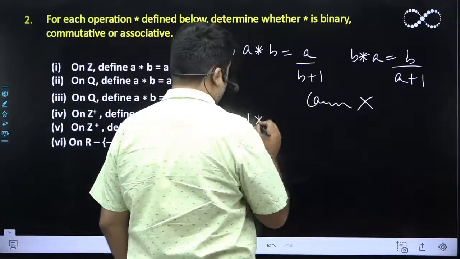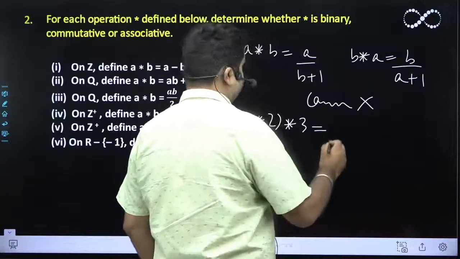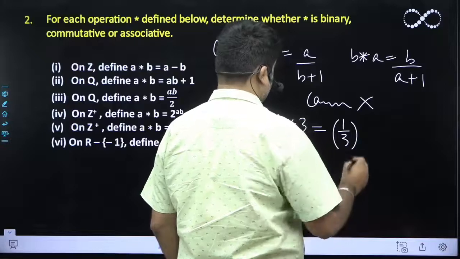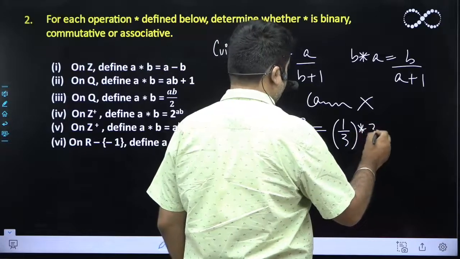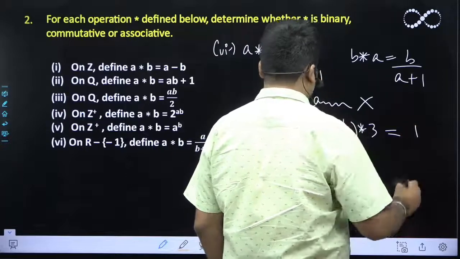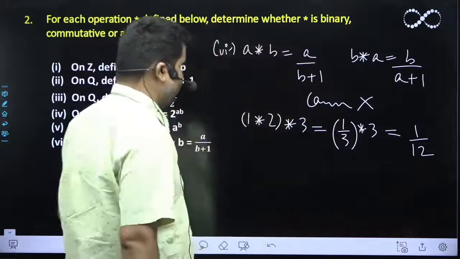What is (1 star 2) star 3? This is 1 by 3 star 3, which is 1 by 12. Okay.